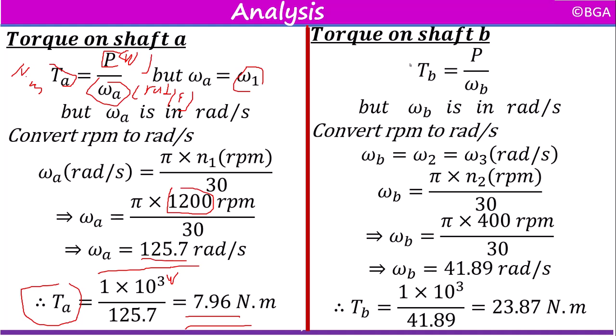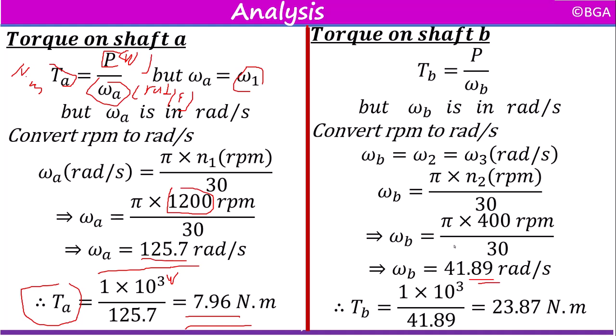For shaft B, we follow the same procedure, but here shaft B rotates at an RPM of 400. So 400 again should be converted to radians per second. If you convert 400 RPM to radians per second, you get 41.89 radians per second.